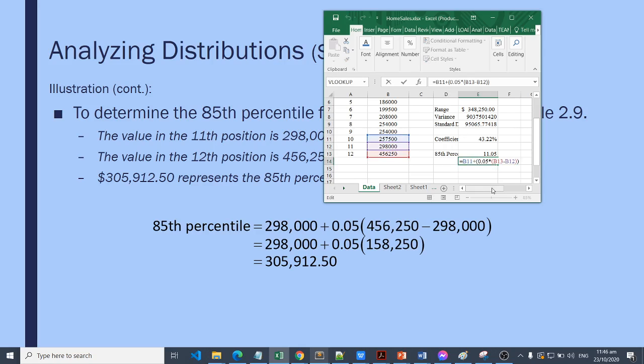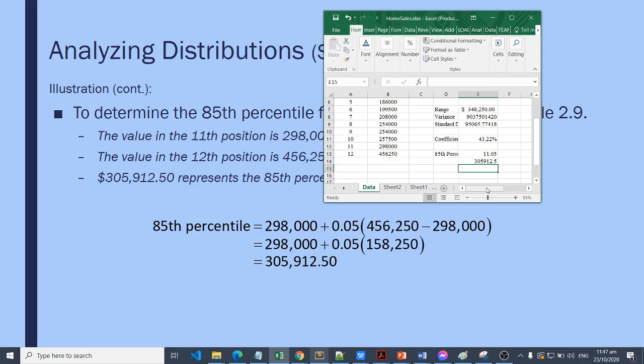Now let us try to review. The 11th position is here, plus 0.05 multiplied by the difference between the 12th position value minus the 11th position value.